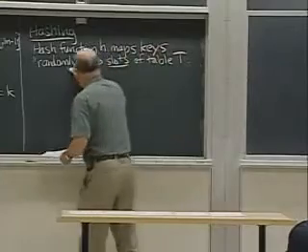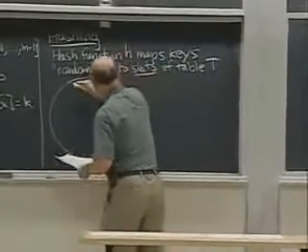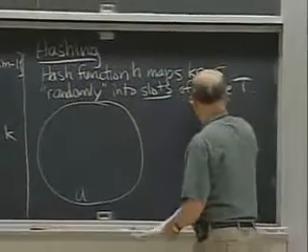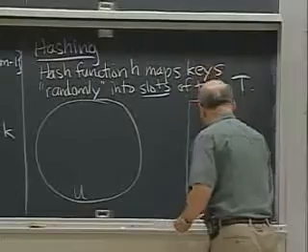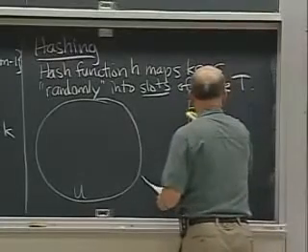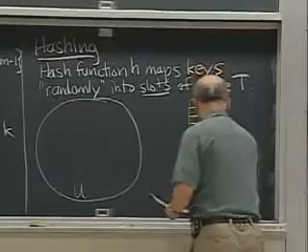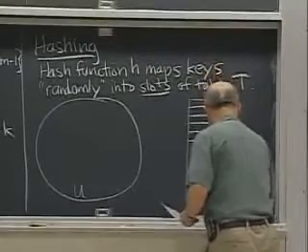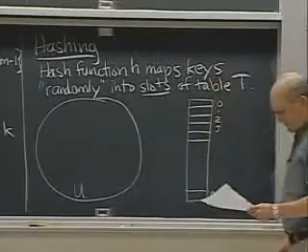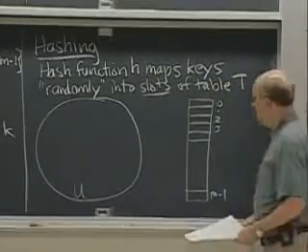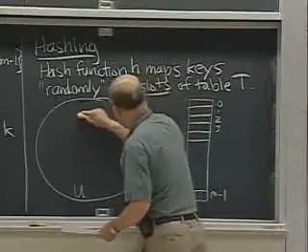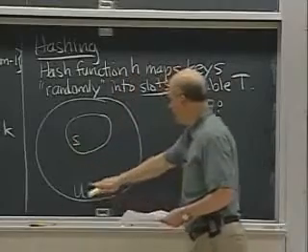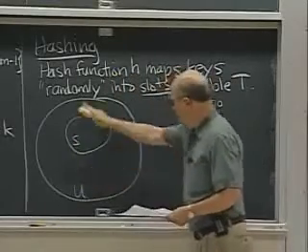And so we may have a big universe of keys. Let's call that U. We have our table over here that we've set up that has M slots. And then we have a set that we're actually going to try to represent, S, which is presumably a very small piece of the universe.